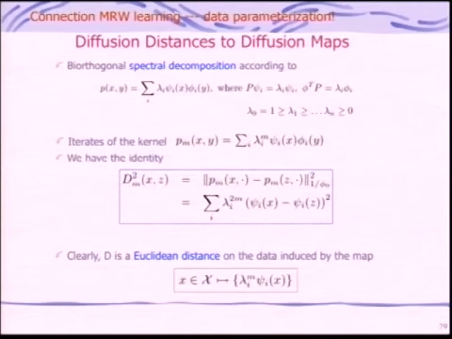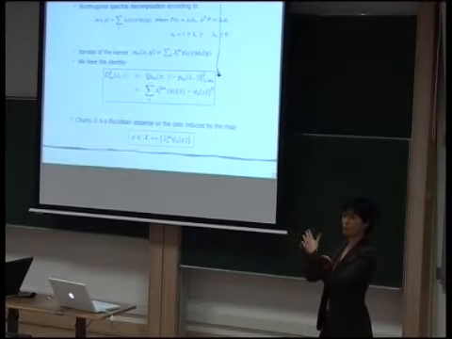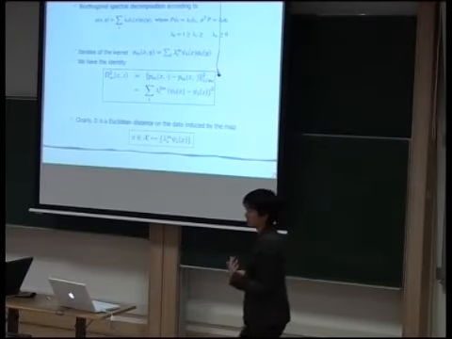Then if you rewrite the diffusion distances in terms of the eigenvalues and eigenvectors, you get this expression. And if you look at it, you will see that this is just a Euclidean distance if you use the eigenvectors as coordinates and you weight them with eigenvalues. So this is just like in multidimensional scaling.